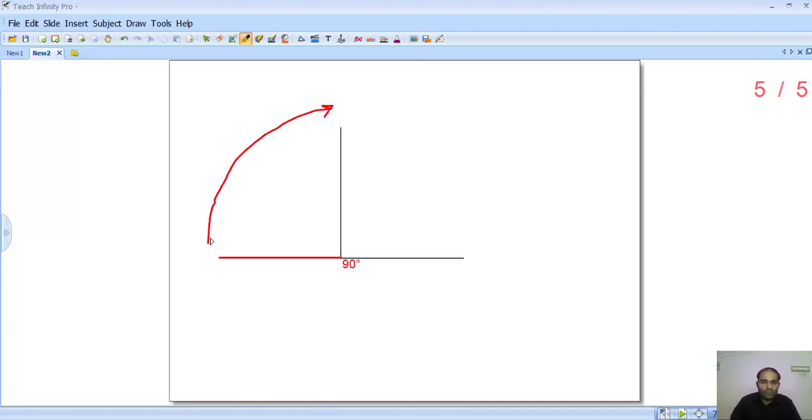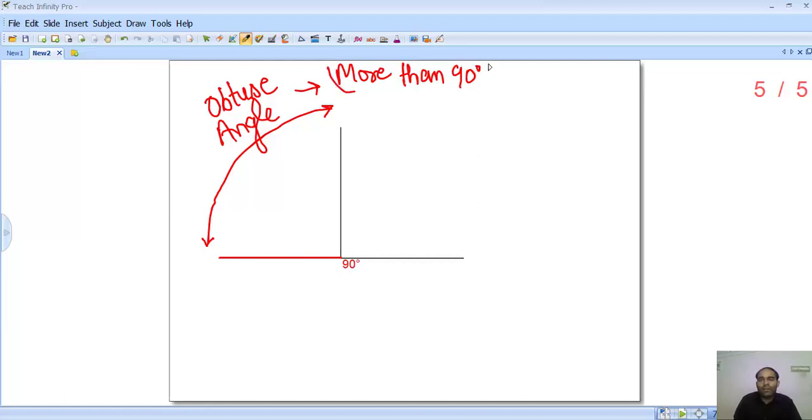All the angles which will come at this side will be called obtuse angles. Obtuse angles will be more than 90 degrees. All the angles which are more than 90 degrees will be called obtuse angles. Any angle which will come at this side will be called an obtuse angle.